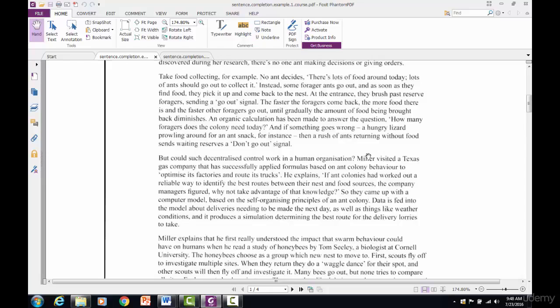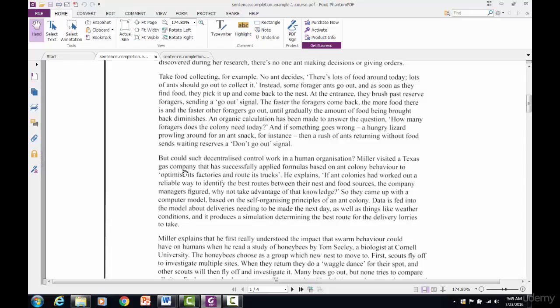Okay, so let's have a look at what it says. It says, Miller visited a Texas gas company that has successfully applied formulas based on ant colony behavior to optimize its factories and route its trucks. Okay? So I'll read it again. Miller visited a Texas gas company.